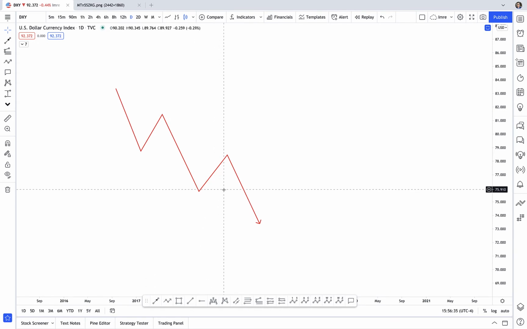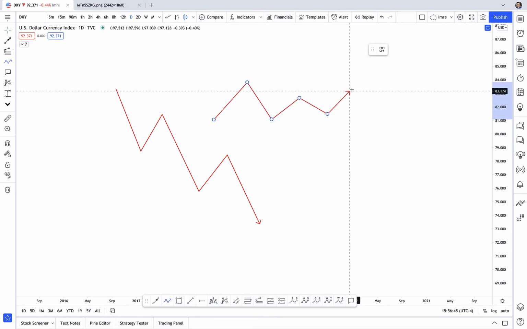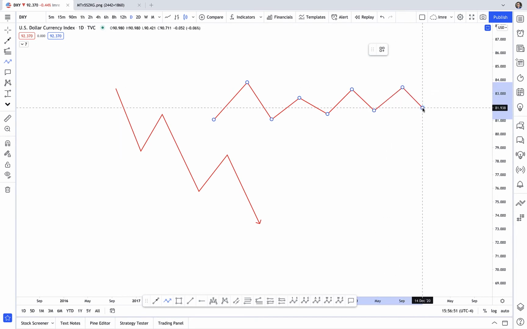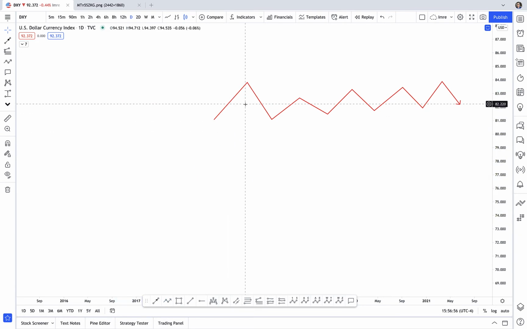All right, so impulsive waves are the waves that define the trend and keep it going, whether it's higher or lower. When you see something like this, a series of sideways waves, some of these waves can be impulsive in nature, but the overall trend, when you aggregate or combine all this price action together, is sideways, which means that overall there is no impulsive price action occurring over all of these different waves.